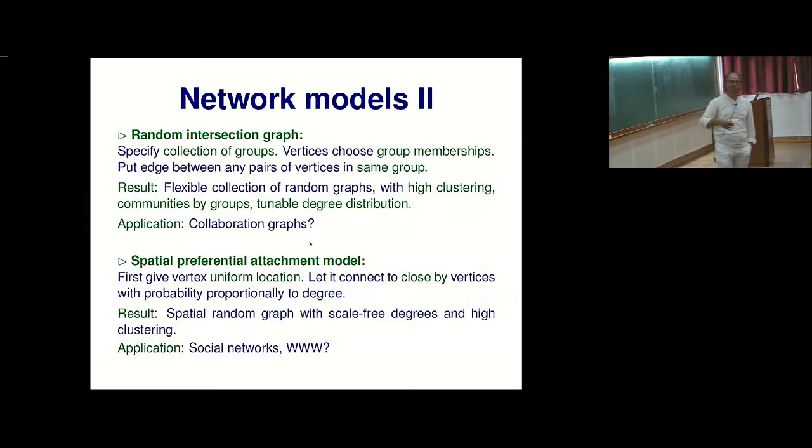There's also spatial versions of many of the models that I've been talking about, so spatial preferential attachment models. All these random graph models discard space completely. And I would still guess that people who are located close to each other are more likely to be connected than people who are very far apart. But closeness could mean many things.